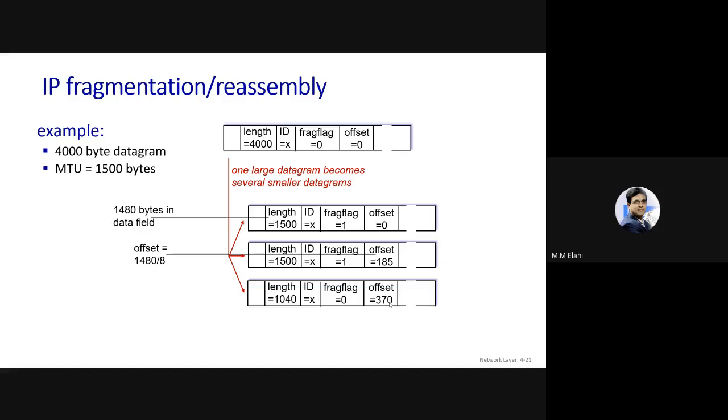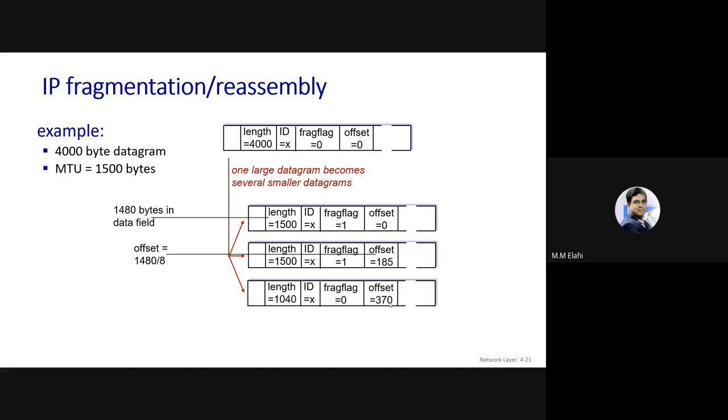It is 370. That means a fragment in the middle is lost. Is it clear? So in that case, the receiver will understand that a fragment is not available, and it will wait for some time. After the timeout, it will discard all the fragments because it did not receive all of them. So this is the idea.